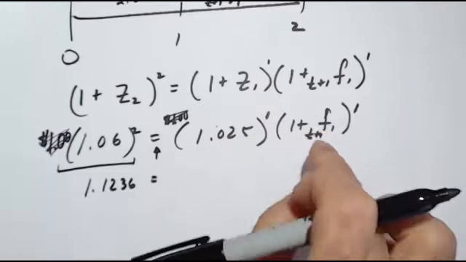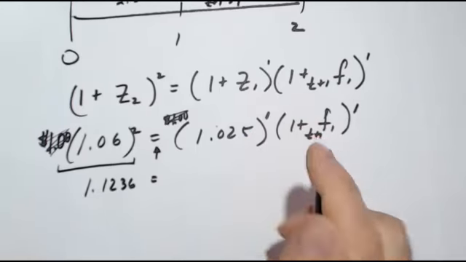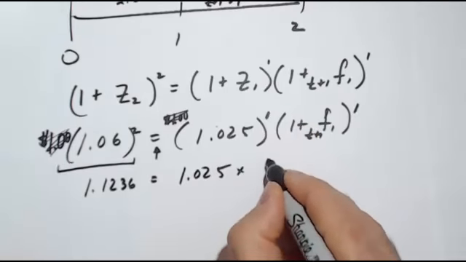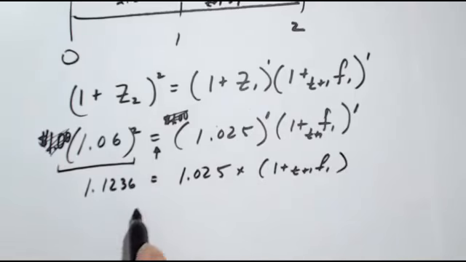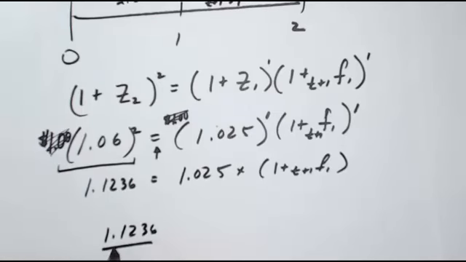And if we're indifferent between them, what is the F here that makes us indifferent? So algebraically, this is what we have. What we want to do is solve for F. So it's 1.1236 divided by 1.025 equals 1 plus T plus 1 F1.